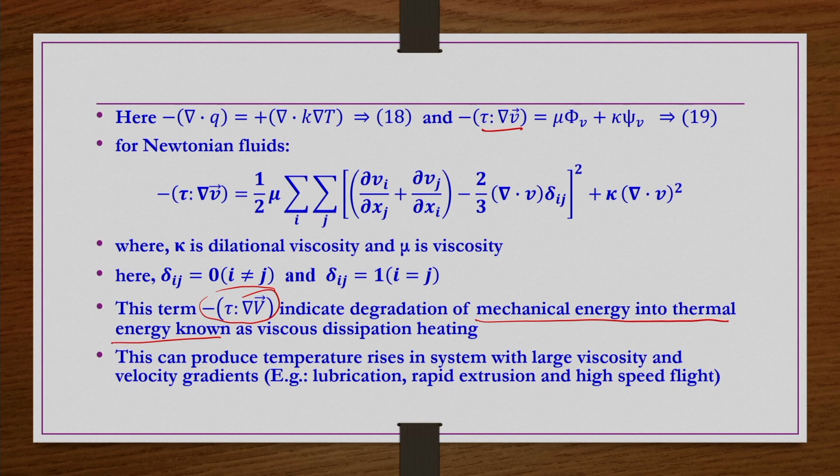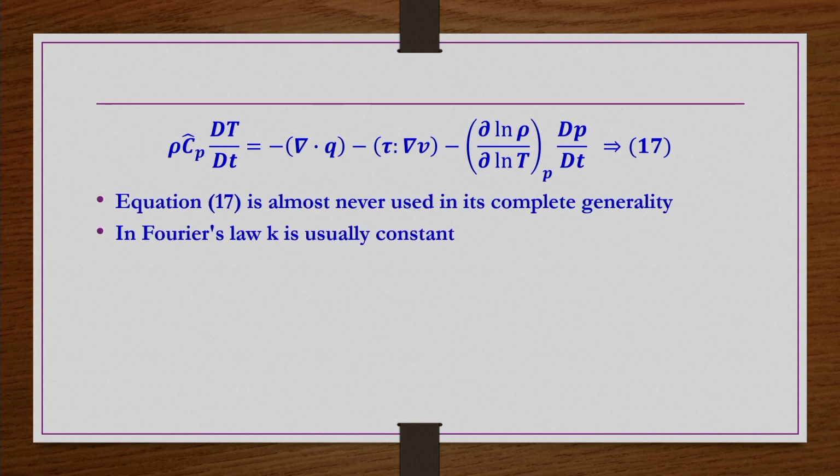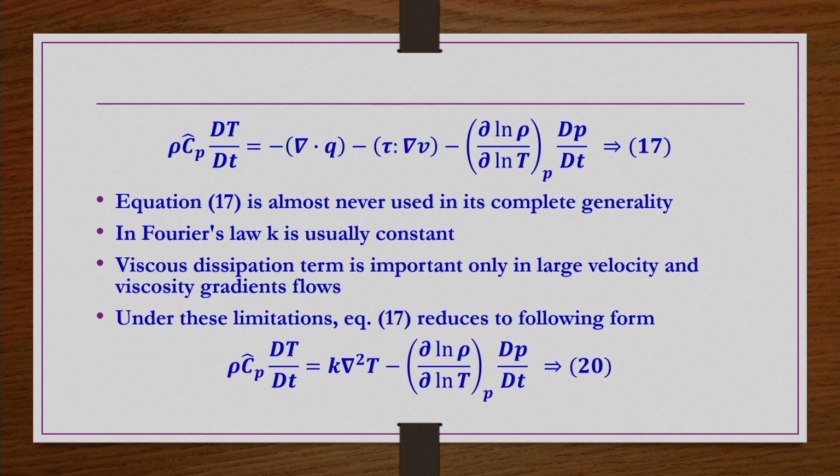So, now what we do, we take a case where the conductivity is constant and where the viscous dissipation heating is negligible. When we take those assumptions, then this equation number 17 we can write in this form, that is rho Cp tilde capital DT by Dt is equal to k del square T minus dou ln rho by dou ln T at constant P multiplied by dP by dt.